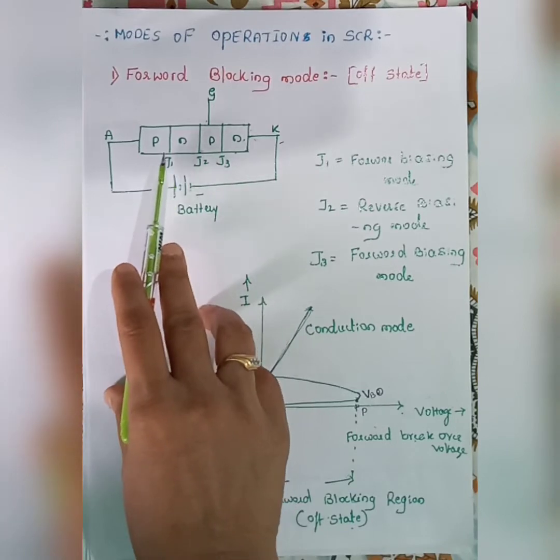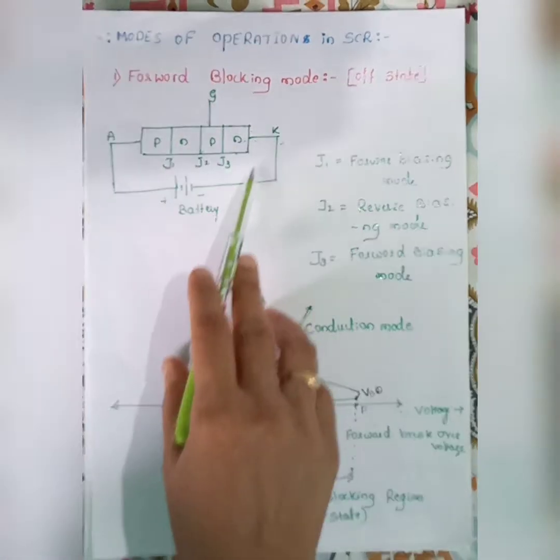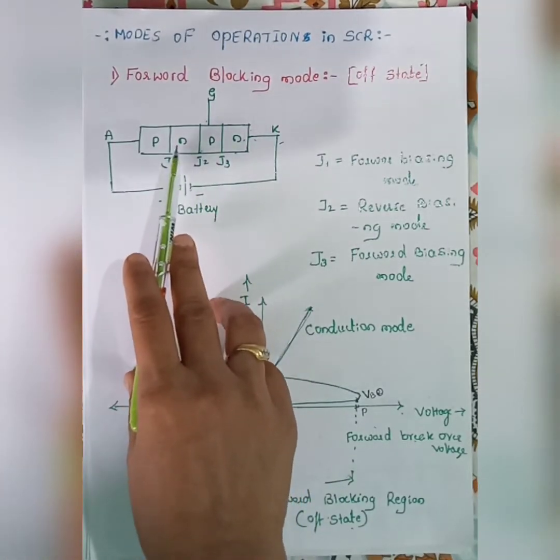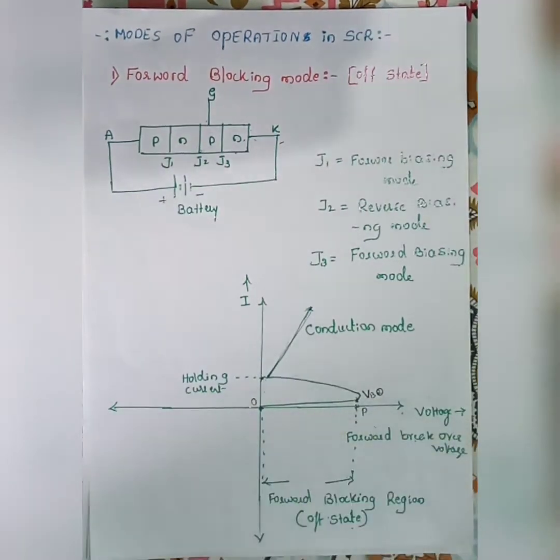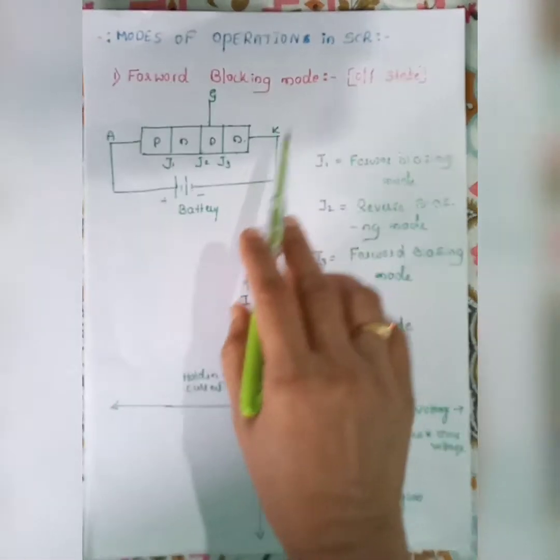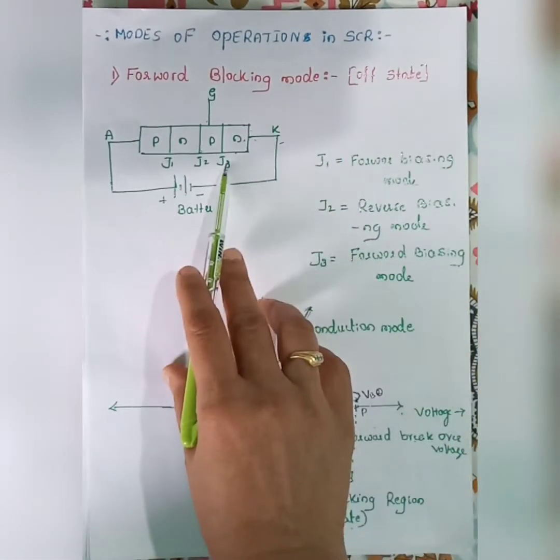Thus, even though the SCR is forward biased, it doesn't conduct. This is known as the forward blocking mode, and it is also called the off state of the SCR.